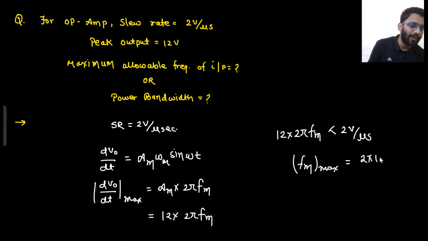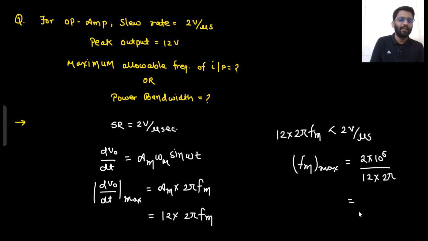So 2 into 10 to the power 6 volt per second, right? 10 to the power minus 6 would go upward. So 2 into 10 to the power 6 volt per second divided by 12 volt into 2 pi. Volt to volt will get cancelled, so you will get a hertz value.